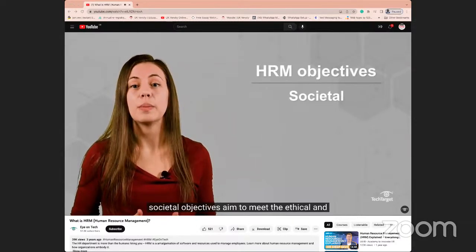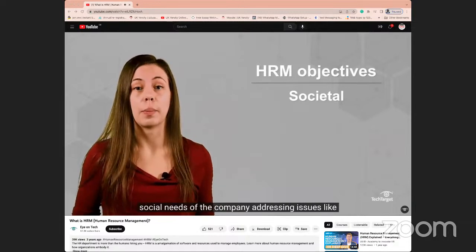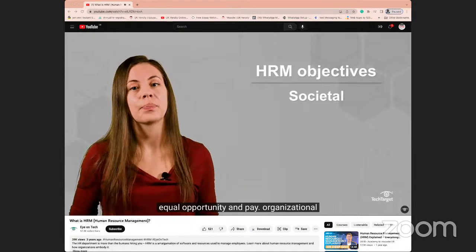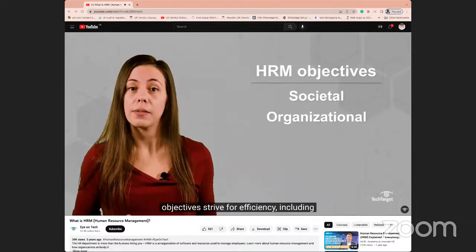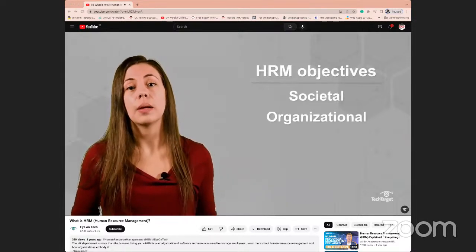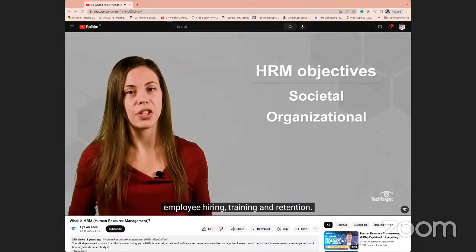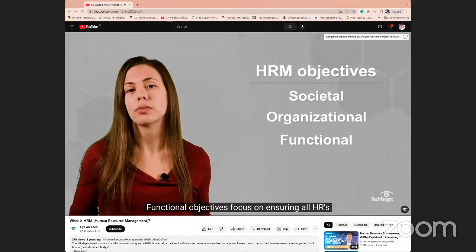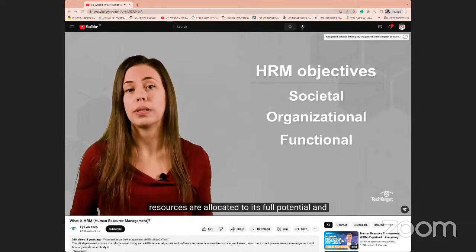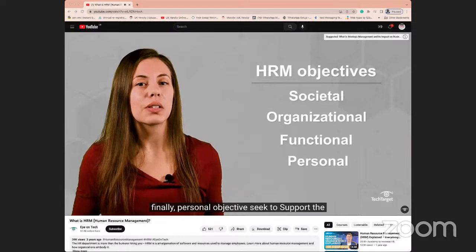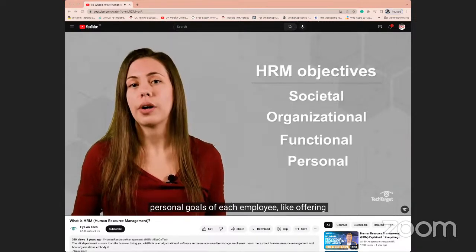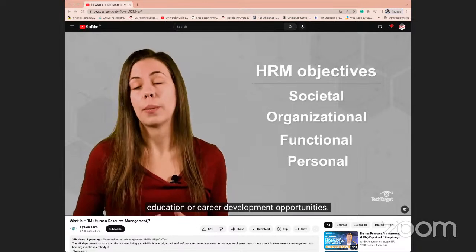Societal objectives aim to meet the ethical and social needs of the company, addressing issues like equal opportunity and pay. Organizational objectives strive for efficiency, including employee hiring, training, and retention. Functional objectives focus on ensuring all of HR's resources are allocated to their full potential. And finally, personal objectives seek to support the personal goals of each employee, like offering education or career development opportunities.